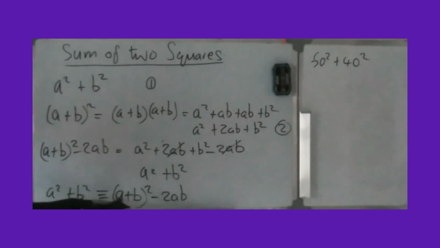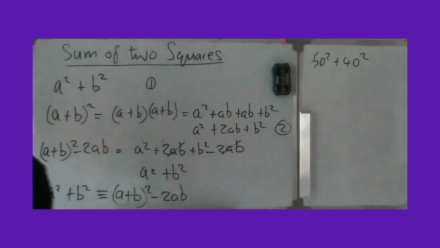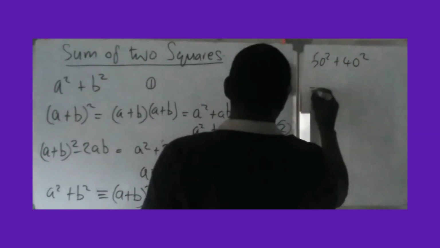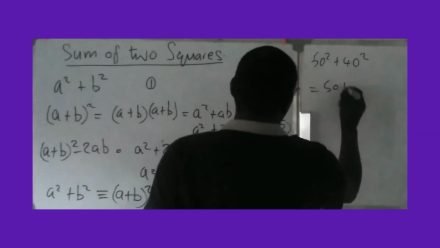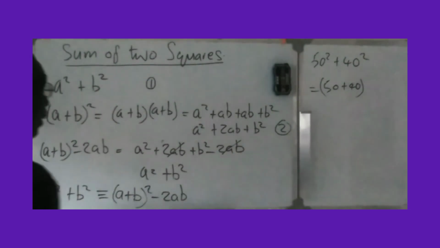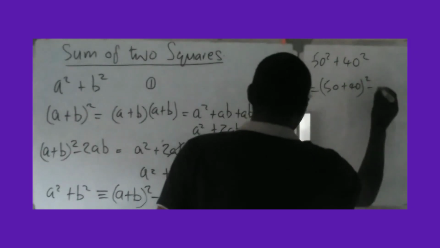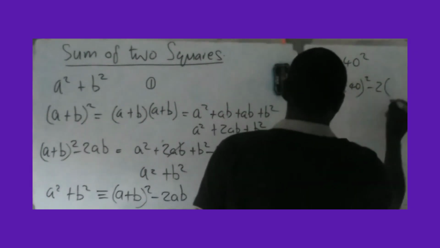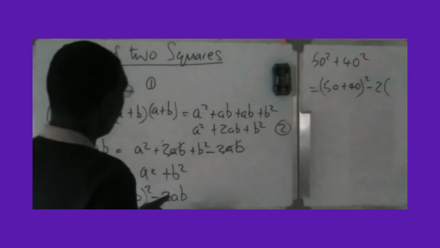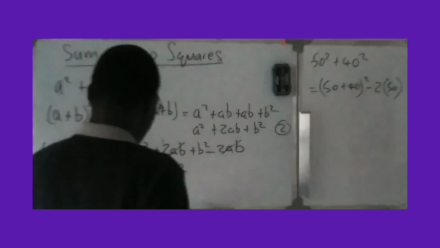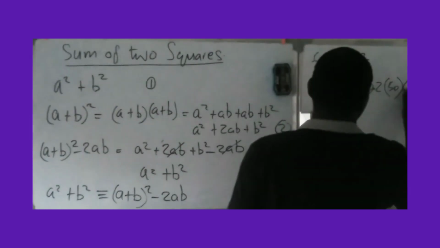So I can use this identity to say 50 squared plus 40 squared is equal to 50 plus 40, all squared, minus 2 times 50 multiplied by 40.